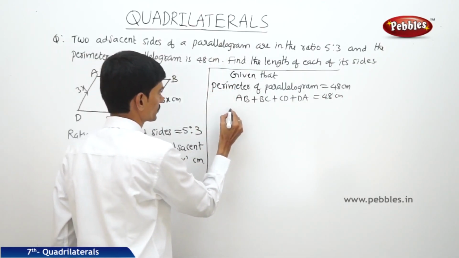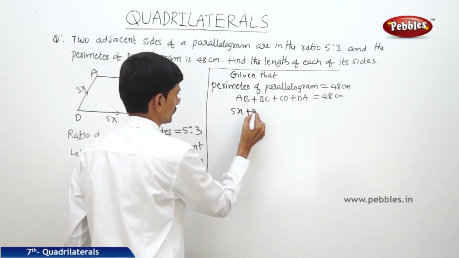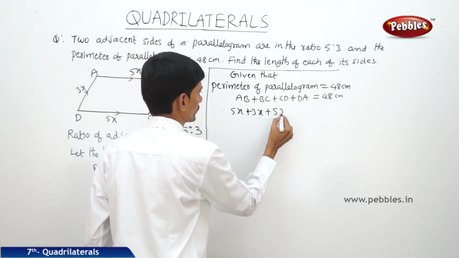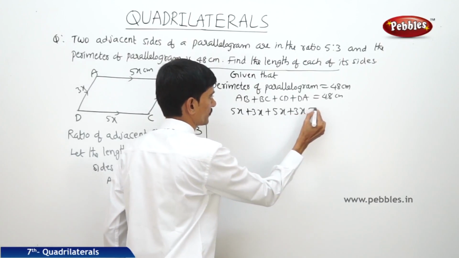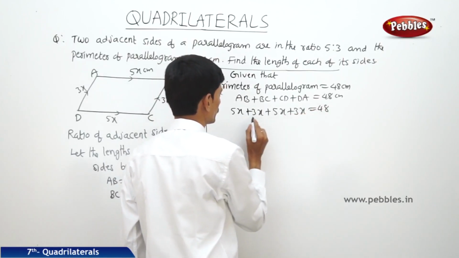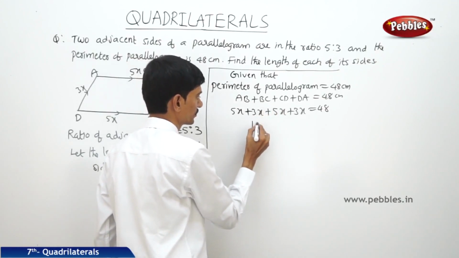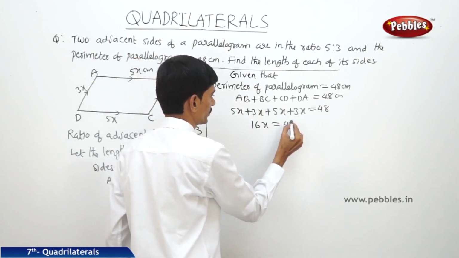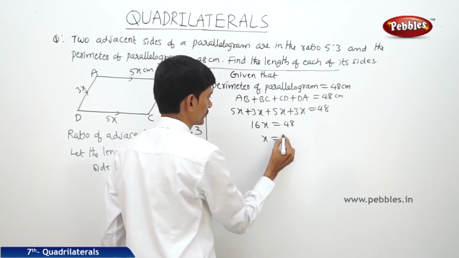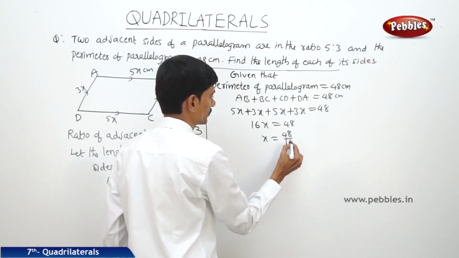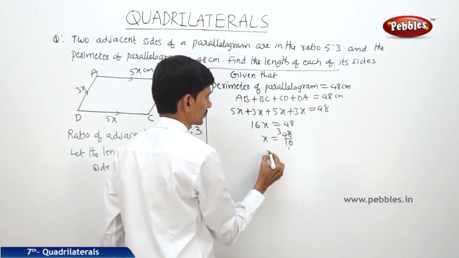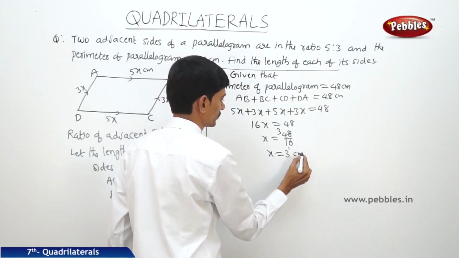So 5x plus 3x plus 5x plus 3x equals 48 centimeters. So 5 plus 3 is 8, plus 5 is 13, plus 3 is 16x equals 48. Then x equals 48 by 16. 16 threes are 48, so x equals 3 centimeters.